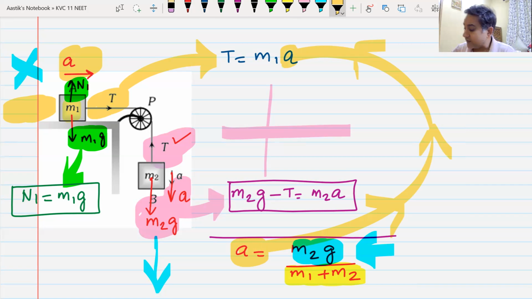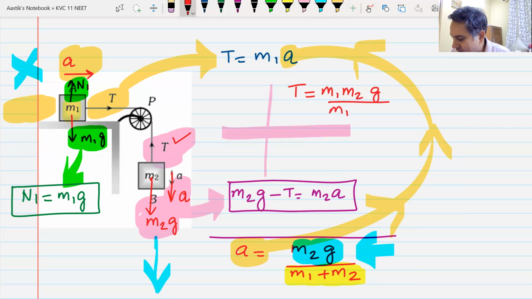Can anyone tell me what the value of T will be? It will come as M1 M2G divided by M1 plus M2. Yes or no? Everyone understands this?